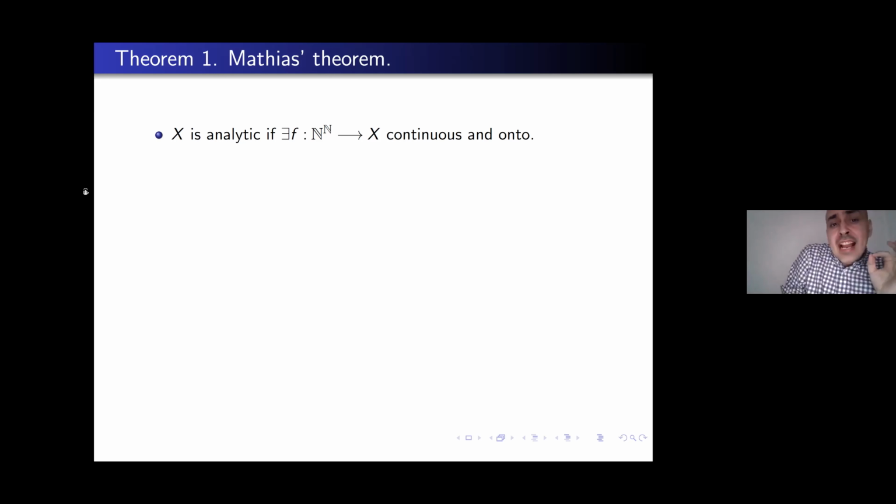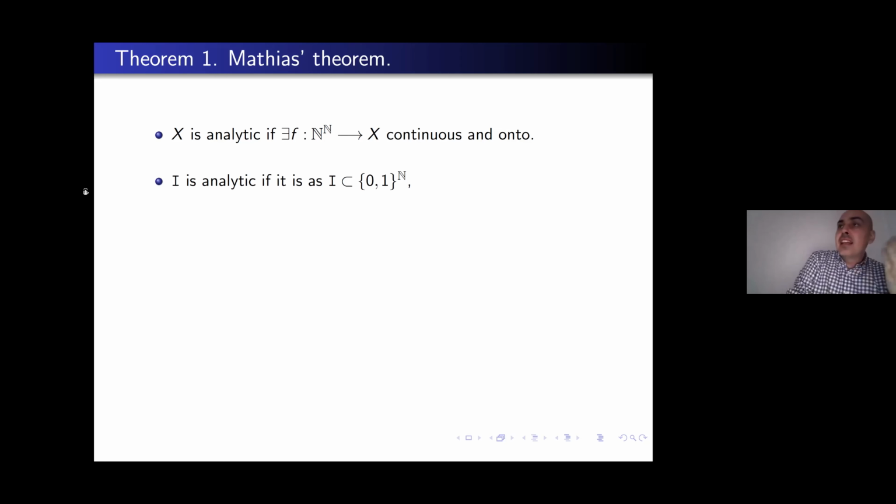A separable metrizable space is analytic if it is a continuous image of the countable power set of the natural numbers, which is actually the same as the rational numbers topologically. And we are interested in analytic ideals.